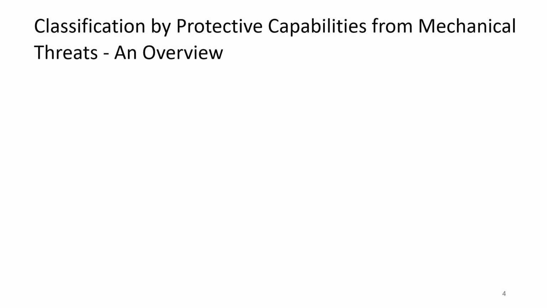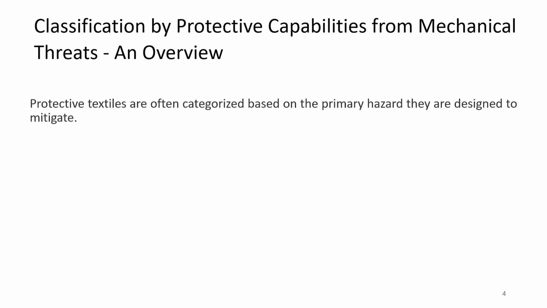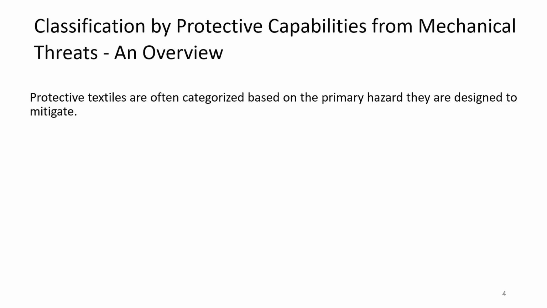Now, if we try to see the classification of protective capabilities from mechanical threats. Protective textiles are categorized based on the primary hazard they are designed to mitigate.